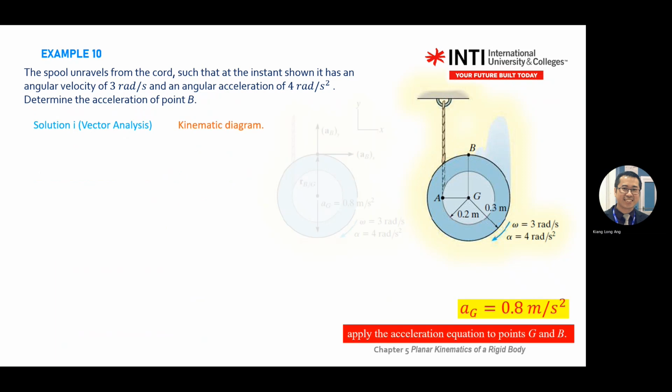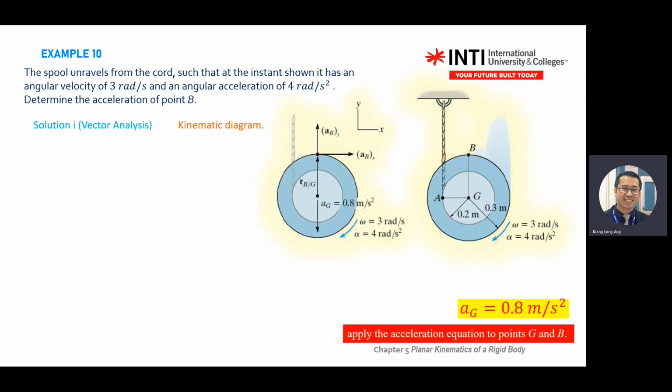Right. So you draw the kinematic diagram. Your focus is on point B. From G to B, you draw an R, and you know that this one rotates this way in a circular motion. For circular motion, you can convert your acceleration into two directions: one is normal, one is tangent.